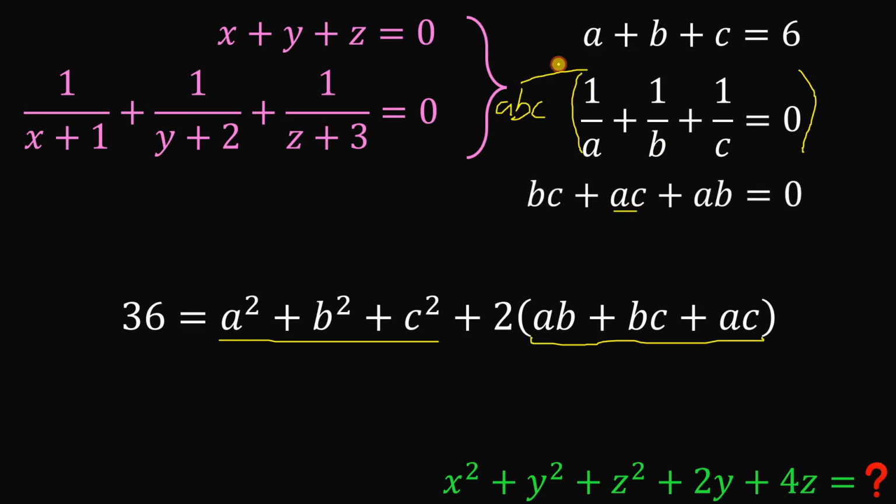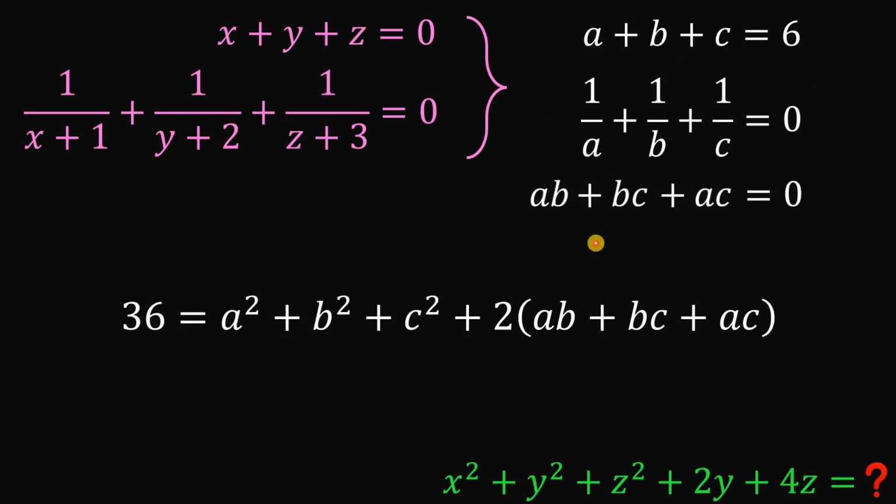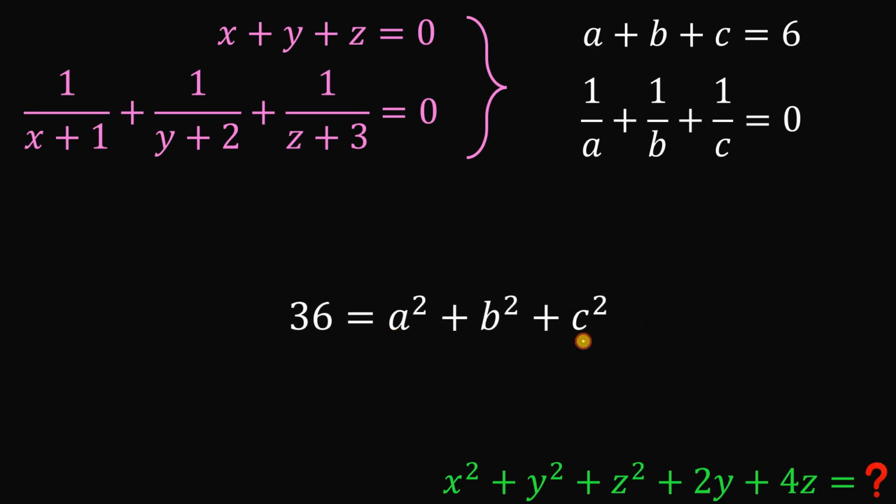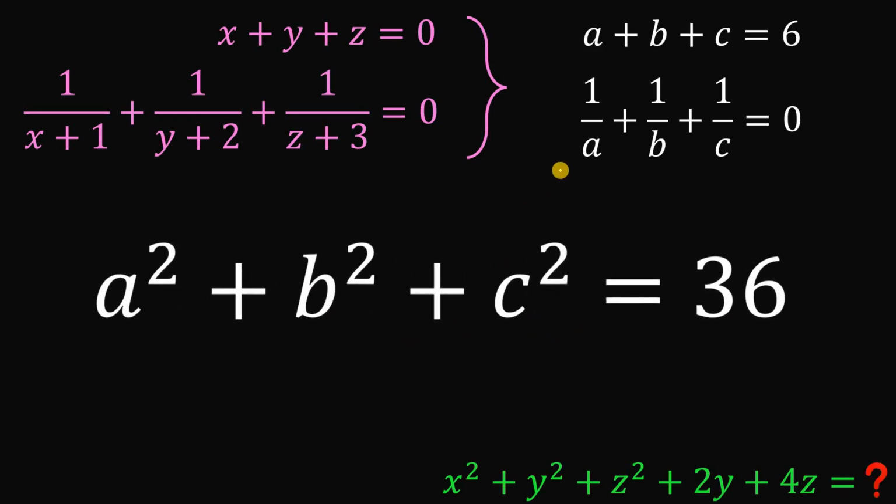If we multiply abc with 1 over c, we get ab. And rearrange those terms a little bit. This is exactly ab plus bc plus ac. So we know this is just 0. And 2 times 0 is simply equal to 0. So we know that a squared plus b squared plus c squared equals 36.